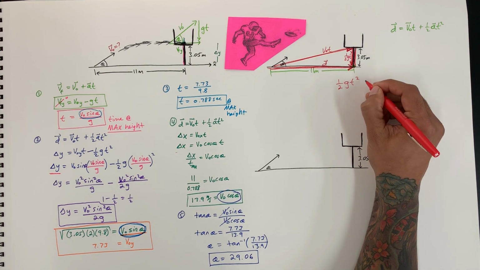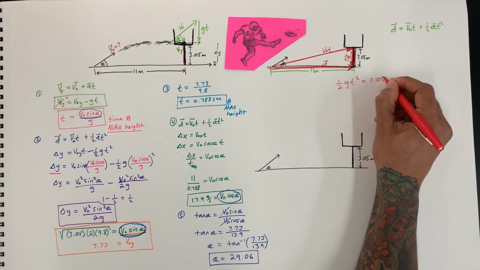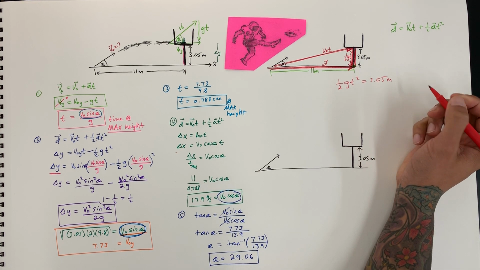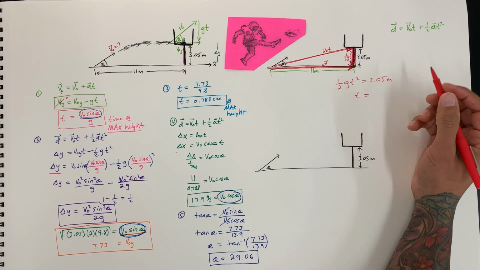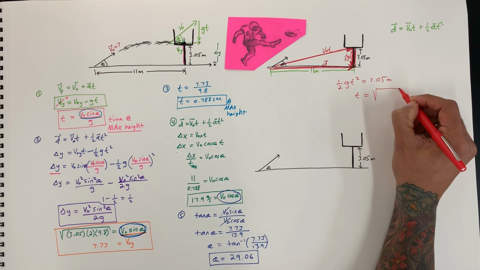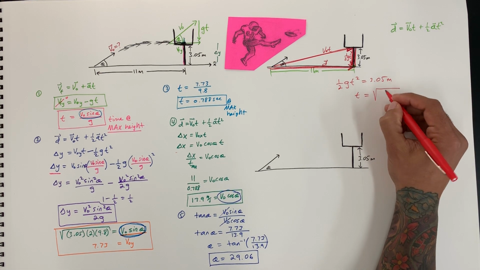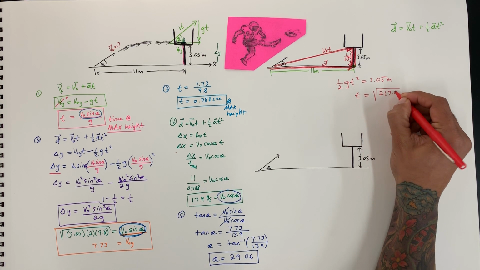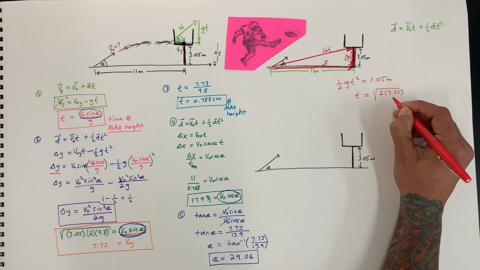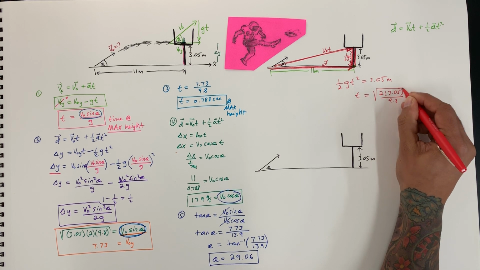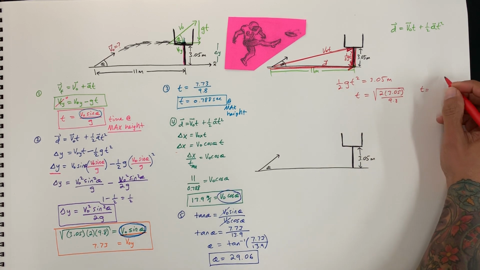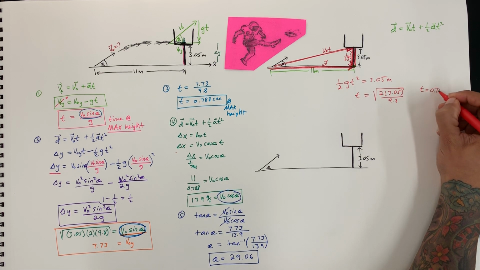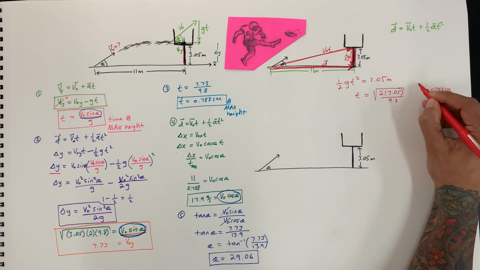All right, 1/2 GT squared equal to 3.05 meters. And if I solve for time, I'm gonna get the square root of 2 times 3.05 over 9.8, which is gonna give me a time of 0.788 seconds.